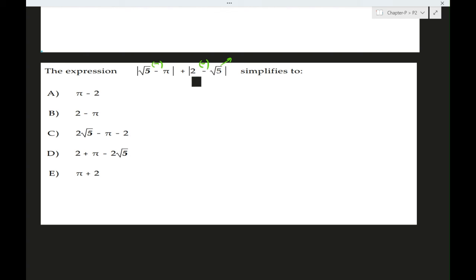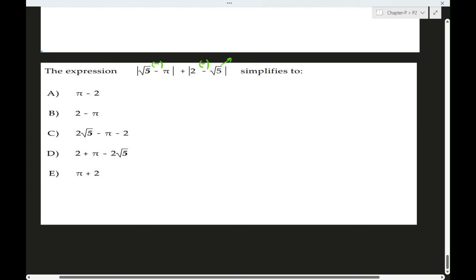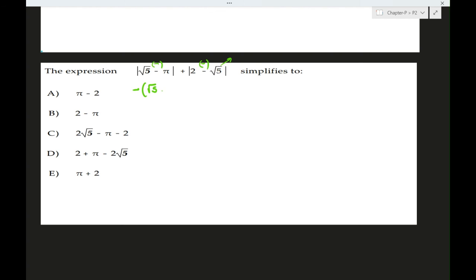Okay, now let's come back here quickly. Now we know both are negative, so we can put minus here. So this is root 5 minus pi. Here this plus is here, but this is also negative, so we have another negative coming down. So we have 2 minus root 5.